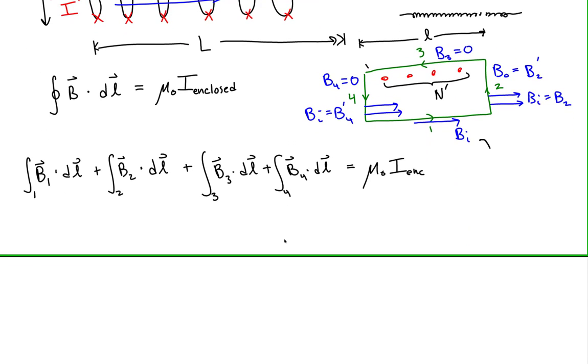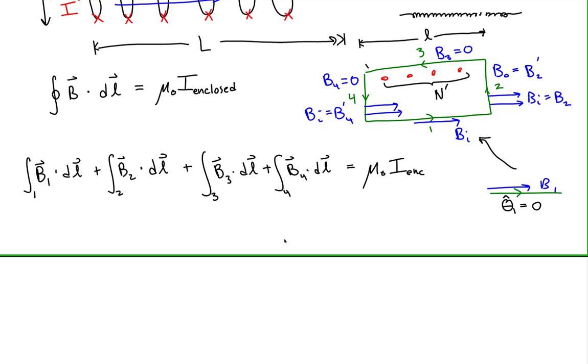Notice that along segment 1, the magnetic field is in the same direction as the Amperian loop. Since it's in the same direction as the Amperian loop, the angle between the magnetic field on segment 1 and the loop is equal to 0.